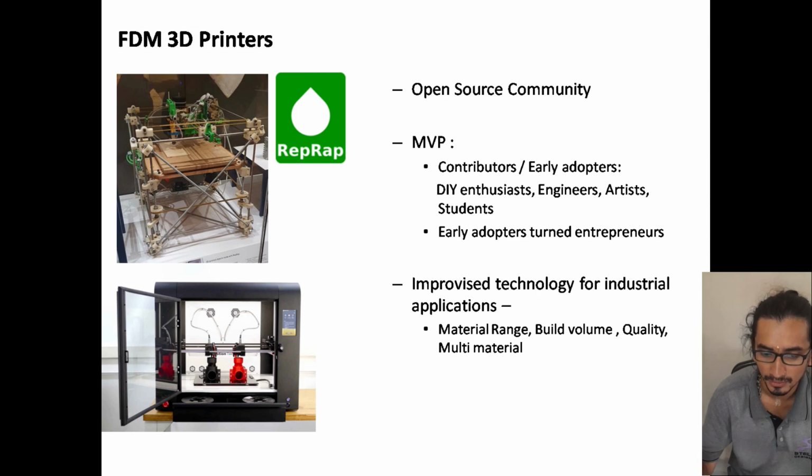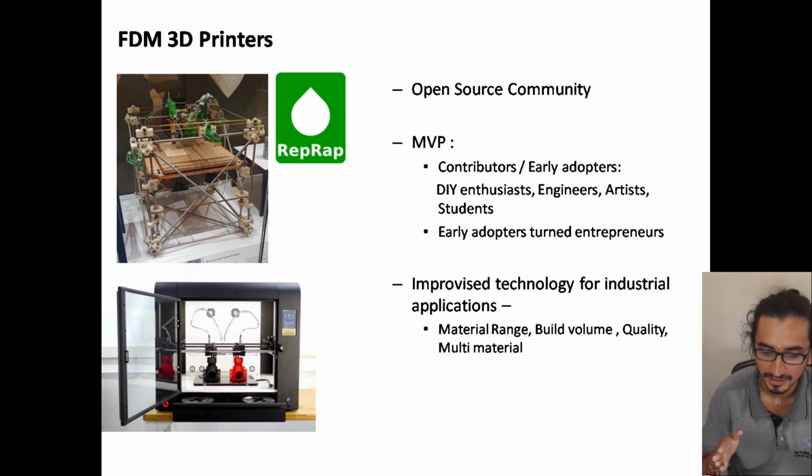But the only thing was, you needed to take the BOM from the open source community and build it on your own. Once people started building on their own, they found problems and started contributing back to the community, with iterations or modifications, or new components which helped evolve the 3D printers.